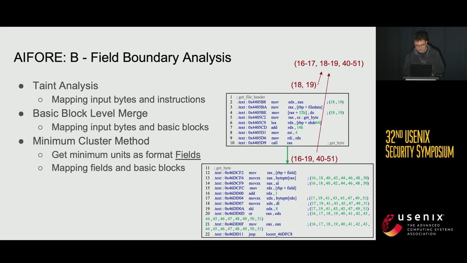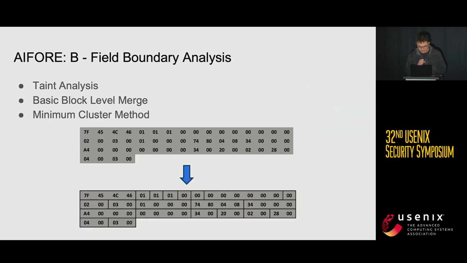Finally, we use a minimum cluster method, get the minimum units in the parsing process as format fields, and get the mapping between fields and basic blocks, which is used later in the type classification. Now we split the input into indivisible fields and get the field boundaries, like adding a frame to the input bytes.